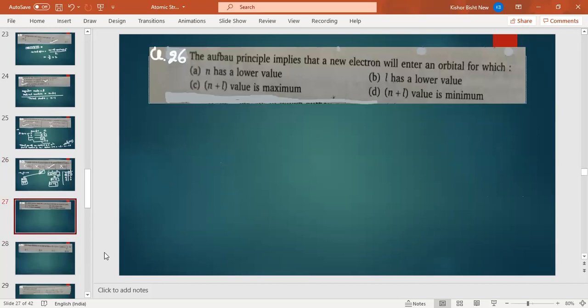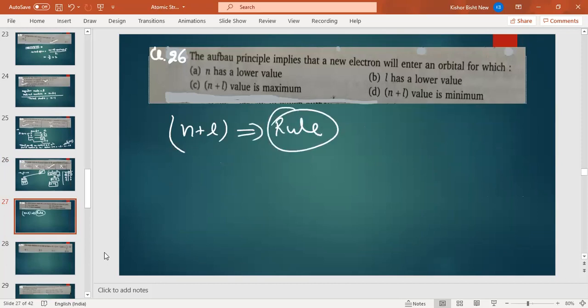Come to next. The above principle implies that a new electron will enter an orbital for which n has the lower value, l has a lower value. The above principle is applicable only for the n plus l rule. The above rule is called the n plus l rule.